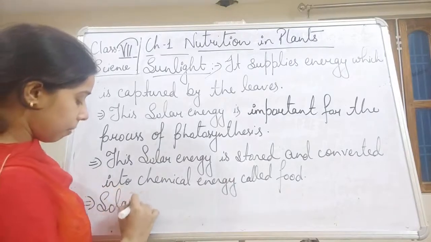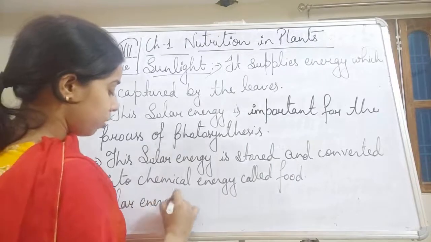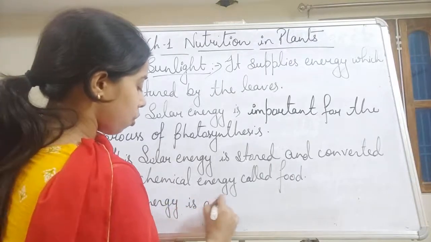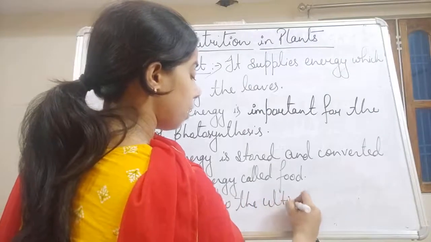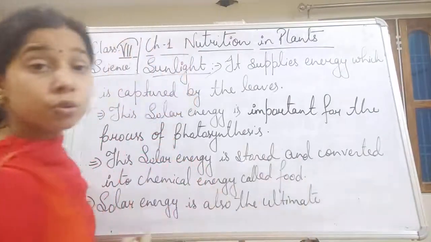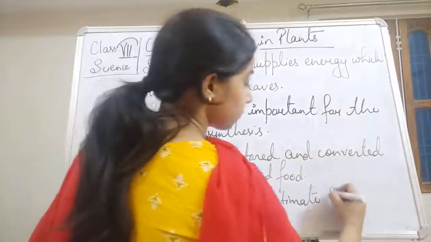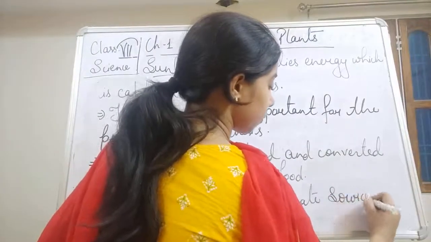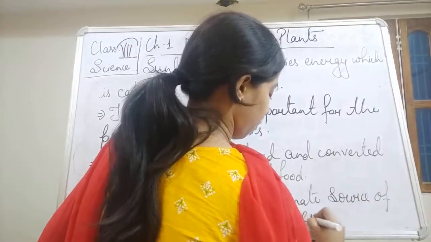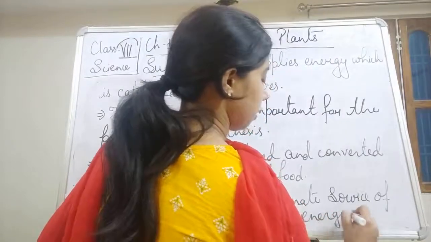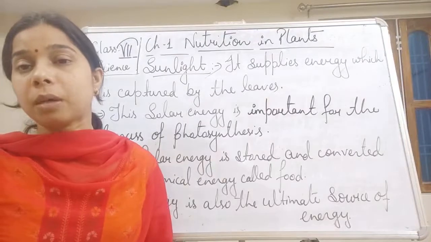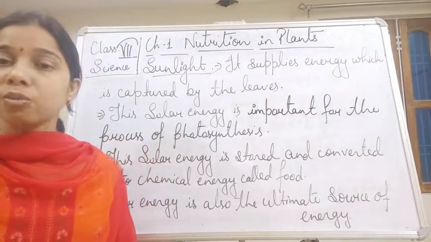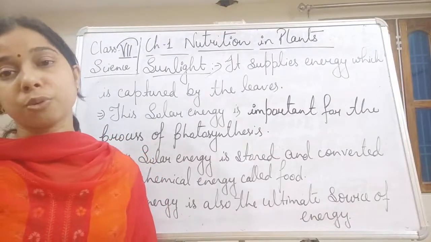Solar energy is also the ultimate source of energy. So this is all about how sunlight is used in the process of photosynthesis.